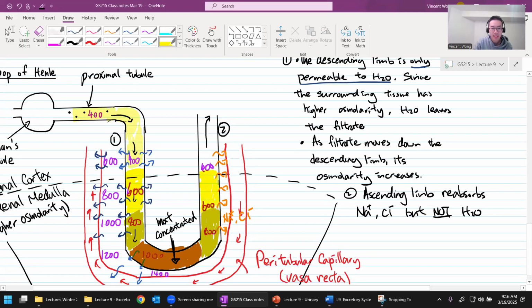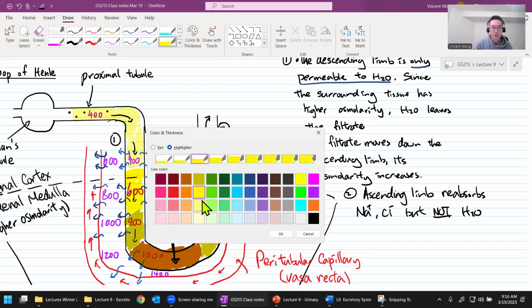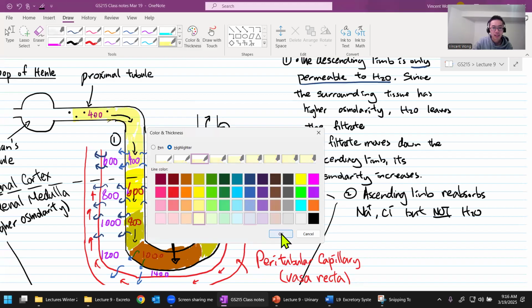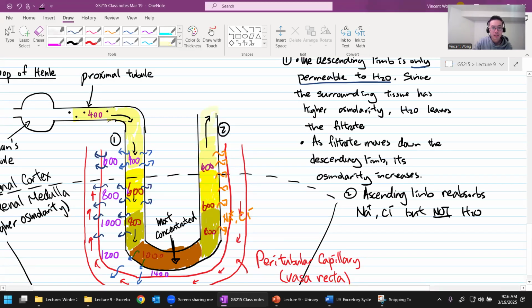We have taken back most of the important stuff that we've lost, perhaps. Okay, there we go. It's not necessarily going to be exactly the same, like roughly 400. If you started with 400 here, maybe 400, maybe 450, it doesn't really matter. The point is, you've taken back the water on the way down, you've taken back the NaCl on the way up.